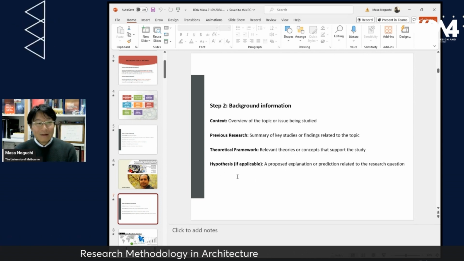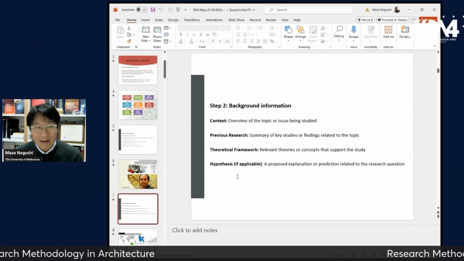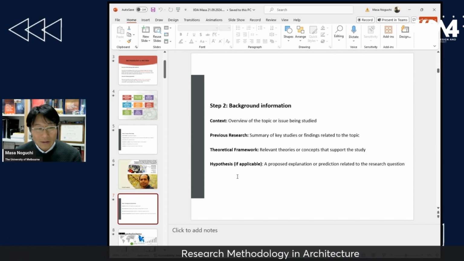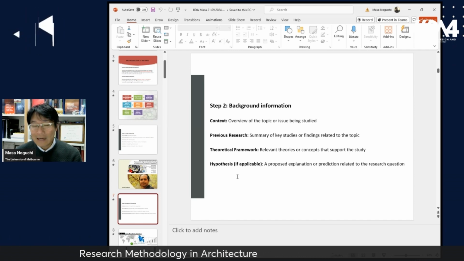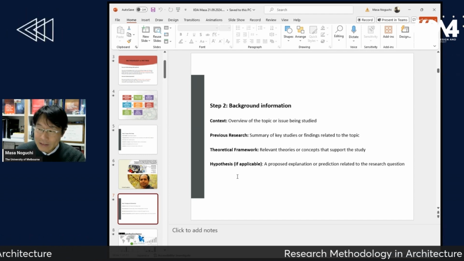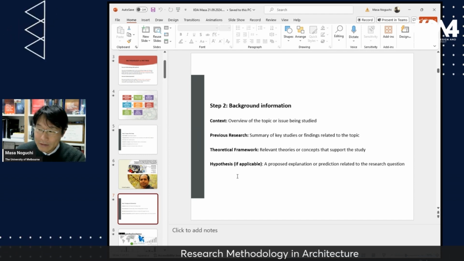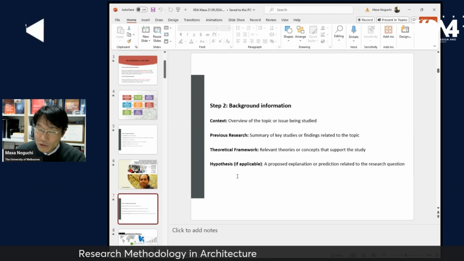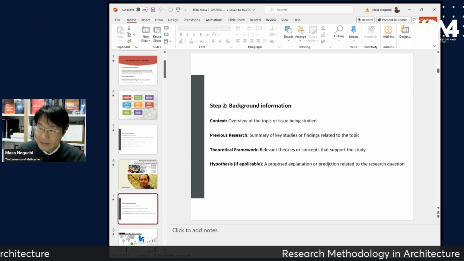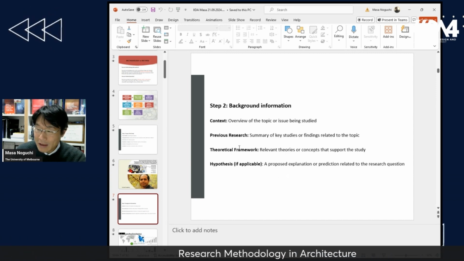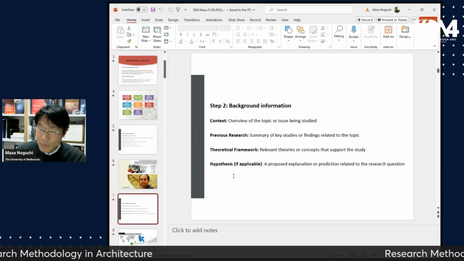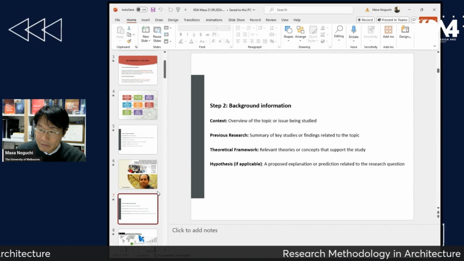Quite often, good research comes from hunches and experiences. Therefore, we don't need to underestimate gut feelings and hypotheses. Try to envisage what the research should engage with. A proposed explanation or prediction related to the research area is very important. So a hypothesis is one of the components of the background.